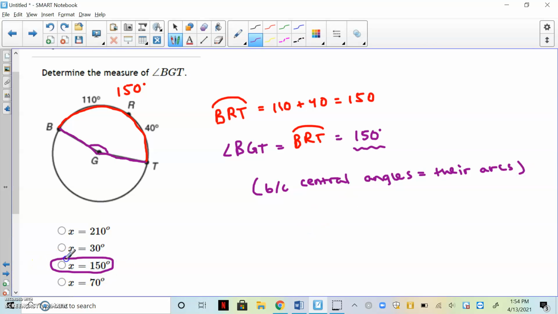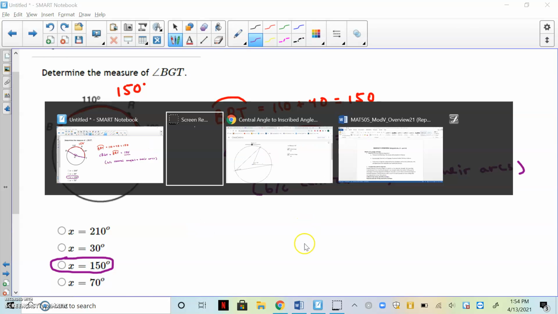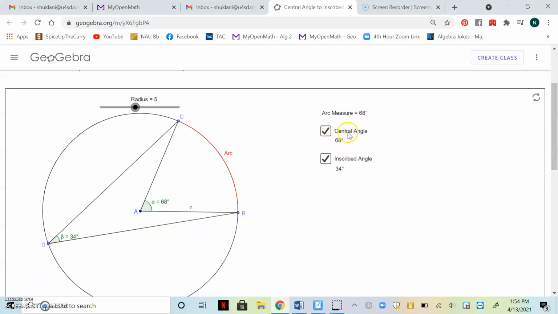And so this is our answer. And again, in case you forgot, if we go back to our GeoGebra here, central angle and arc, you see how these two are always the same no matter what we move, right? And because those are the same, the inscribed angle has the same relationship with each of them.